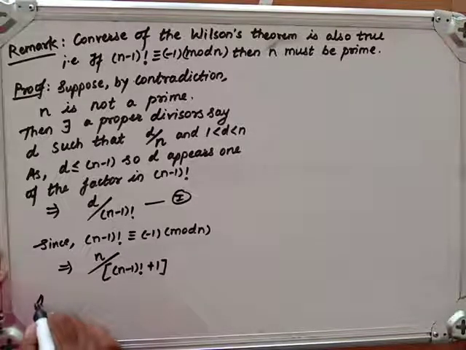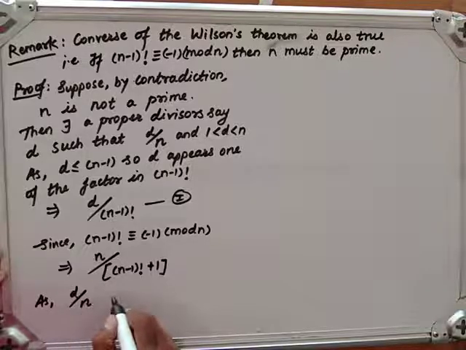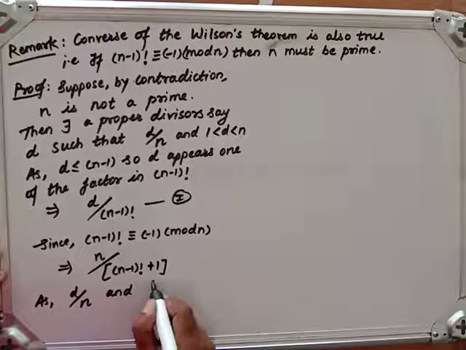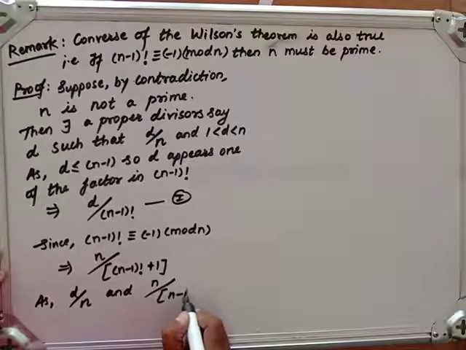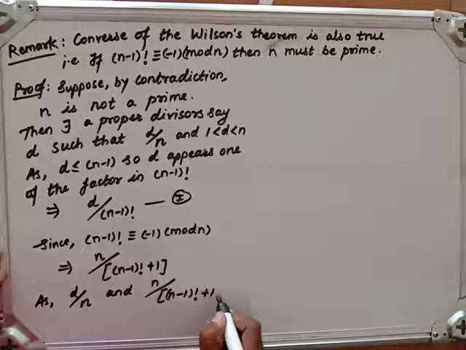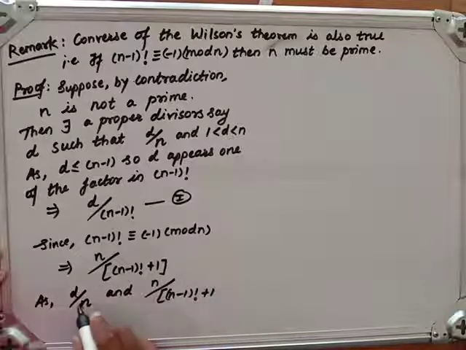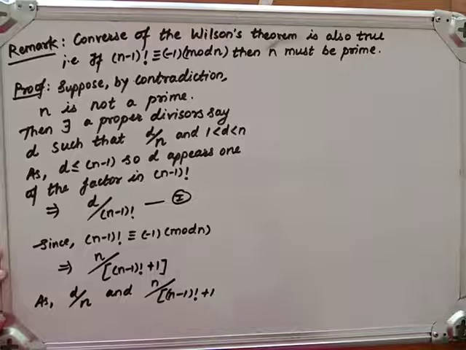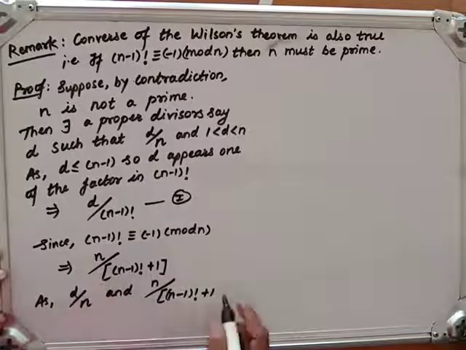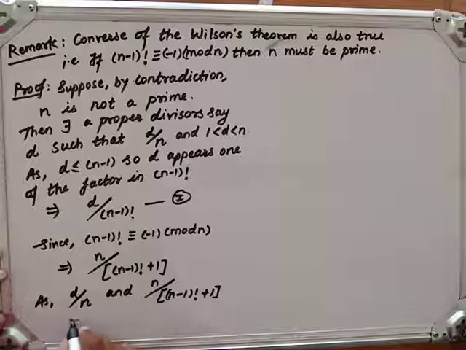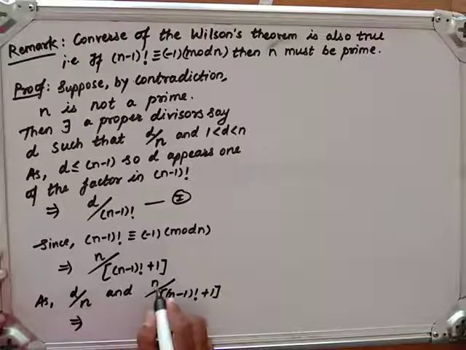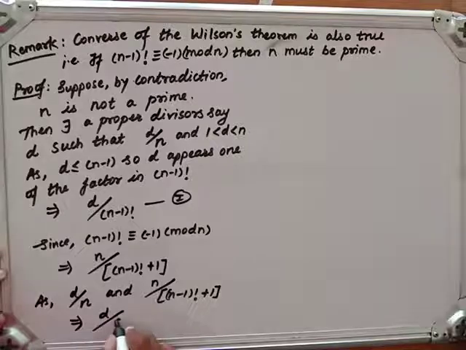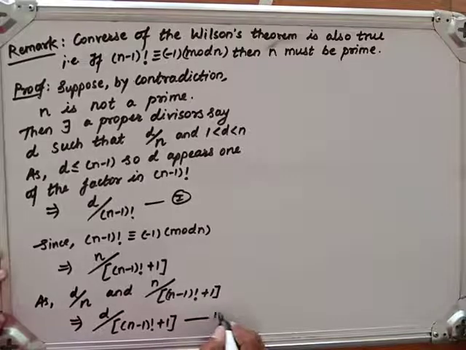Now, as D divides n and n divides this (n minus 1) factorial plus 1, first divides second, second divides third. So this gives D divides (n minus 1) factorial plus 1. Call it equation number 2.